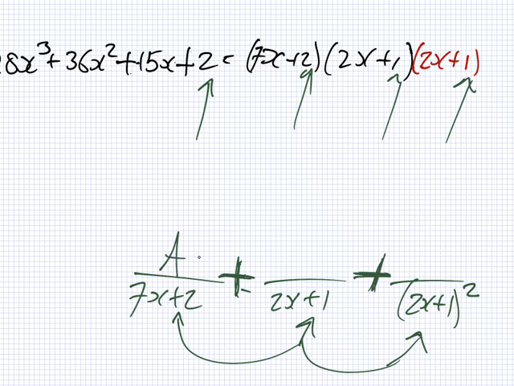You can have A, B, and for this one you can choose either Cx or just C. Why is there an x here? Because if this is quadratic, the top can be linear.